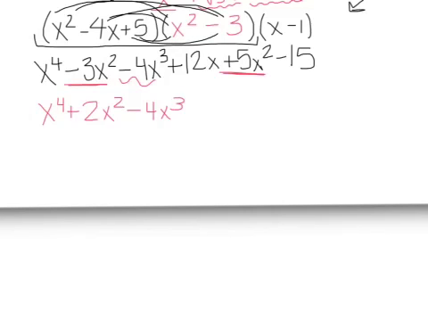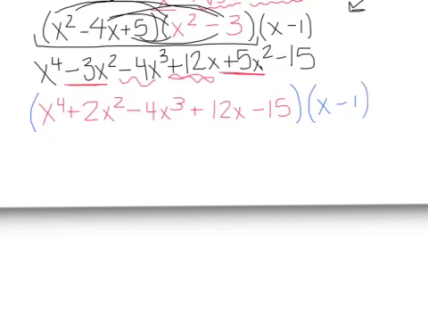When we get to the very end, they should be in order, but they don't need to be right now. We have a 12x right there, so plus 12x, and we have the minus 15. Okay, now we need to bring down the x minus 1 still. We haven't dealt with that yet.